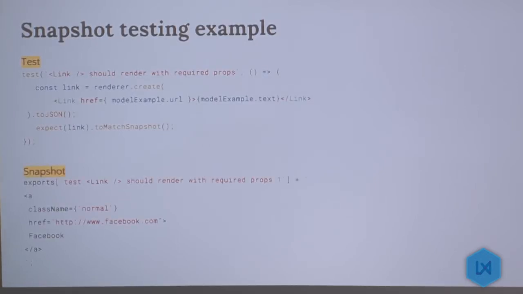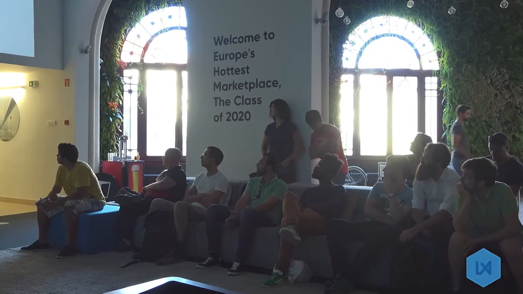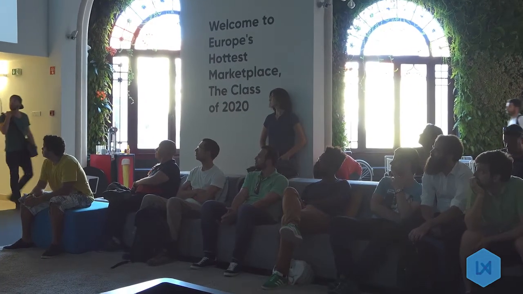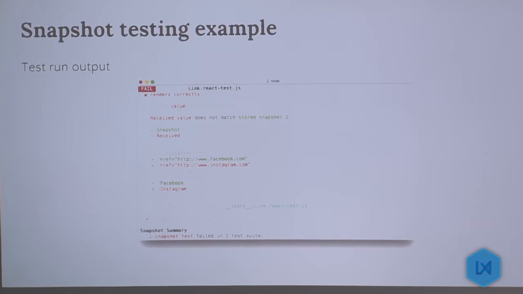And this is how the snapshot looks like. And as you can see, it is the rendered component. Now, let's say we already created a snapshot, and we change our mocked data. This is the output after we run a test.